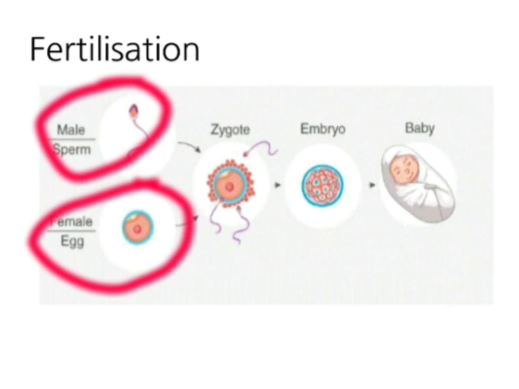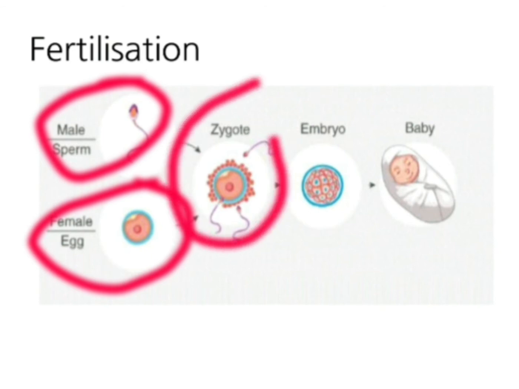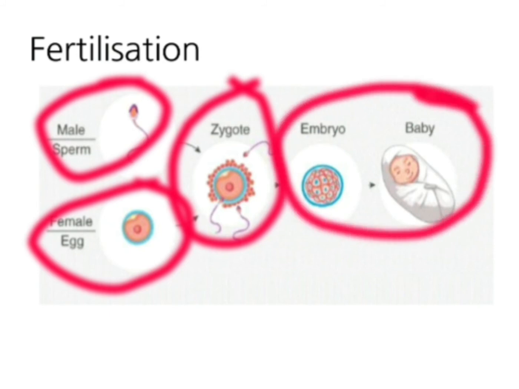This results in the formation of a fertilized egg or zygote. Zygote is the beginning of a new individual.